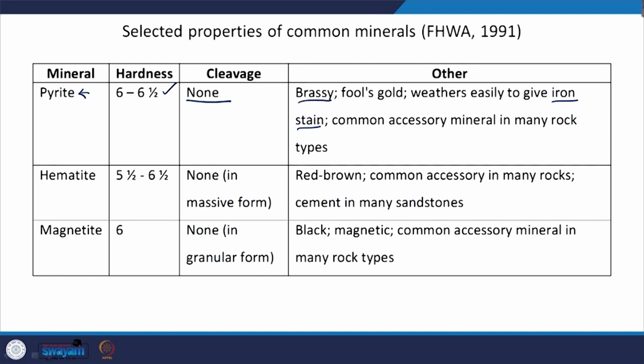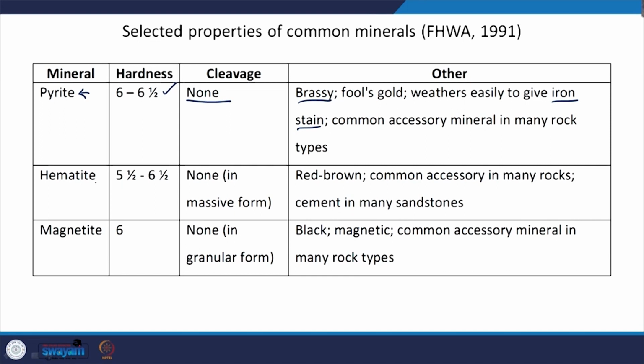This is a common accessory mineral in many of the rock types. So, we need to be careful that if we have such characteristics, then there are chances that pyrite is the mineral.